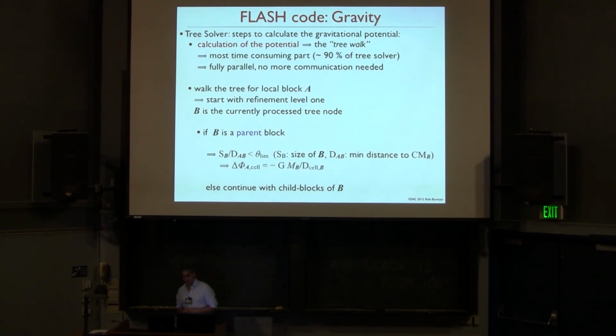Then, to get your gravitational potential, the contribution from each cell is added to the gravitational potential for one cell. You again use your opening angle criterion to decide which one you want to add to this gravitational potential. So you do this in a more refined way than before for the communication.